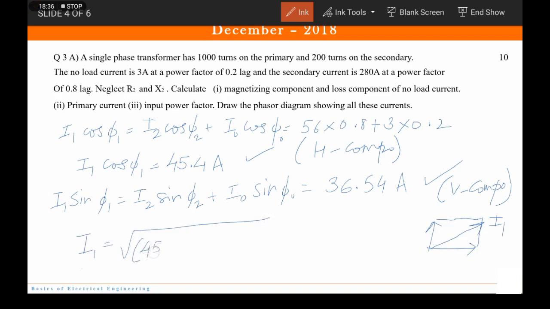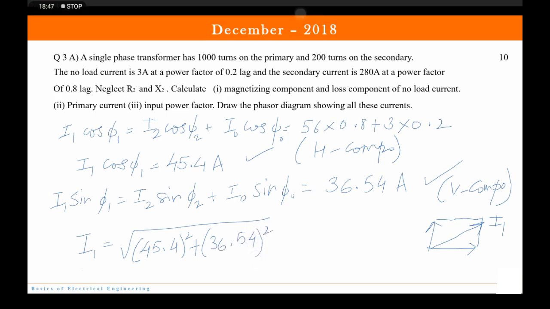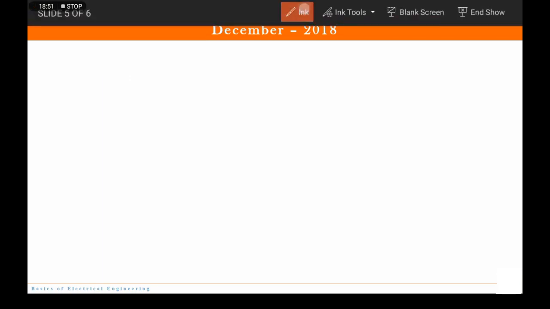So it will be 45.4 squared plus 36.54 squared. So I get the resultant to be 58.3 amperes. Now this is the resultant current.